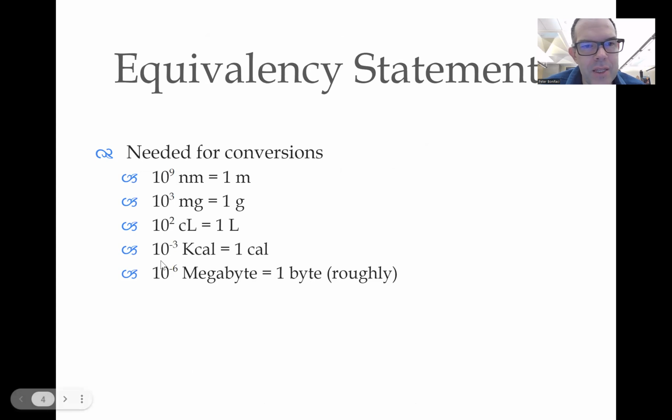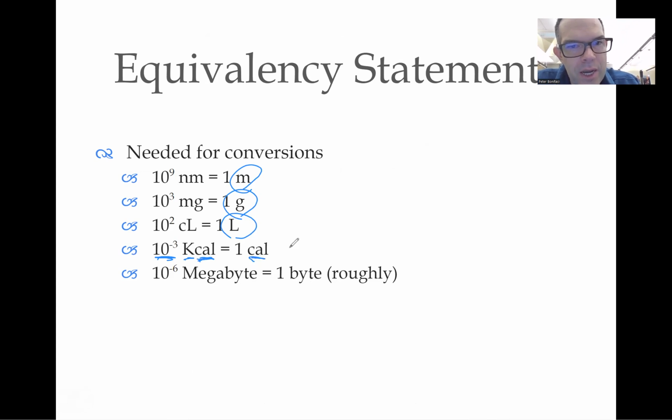And then 10 to the minus 3. Oh, this is worth bringing up. Most of the base units, like grams, you've got meters and grams and liters. There's a couple you'll see that are weird from time to time, like calories. Okay, it works the same. Kilocalories is 10 to the 3, but they're calories. It's 1 calorie.